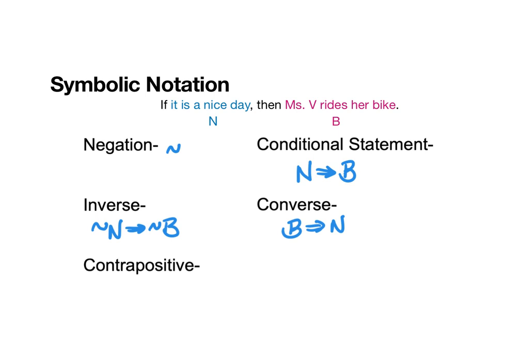So I'm going to negate the converse: not B implies not N. And that is much faster than rewriting each of those sentences.